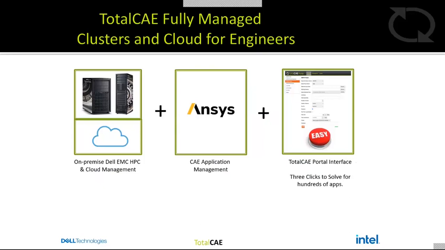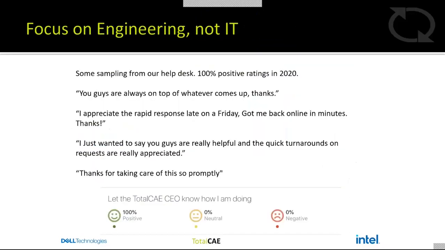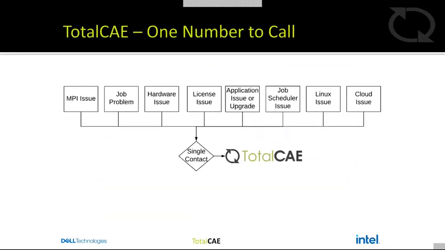So let me see if I can get the slide here. With our model, there's just one number to call. You call or send an email. We have a 1 hour response to all inbound inquiries, or 3 rings and a human will pick up the phone. We have support staff throughout the United States, and whatever the issue is, we're going to help figure out what it is.